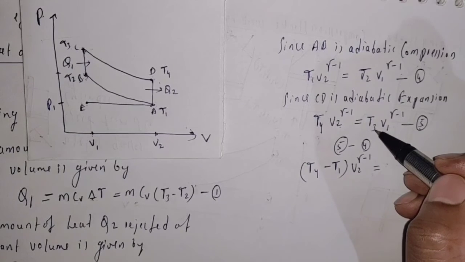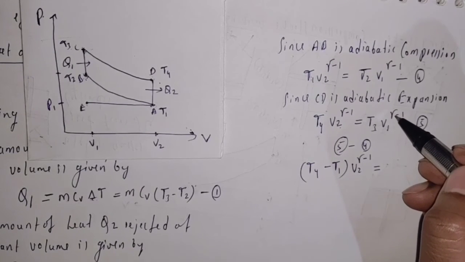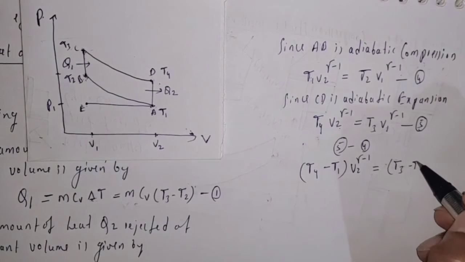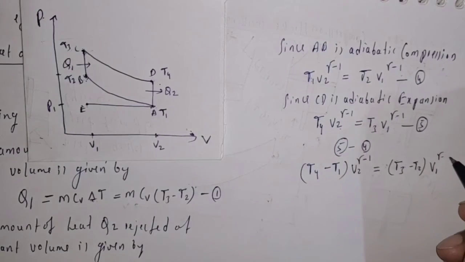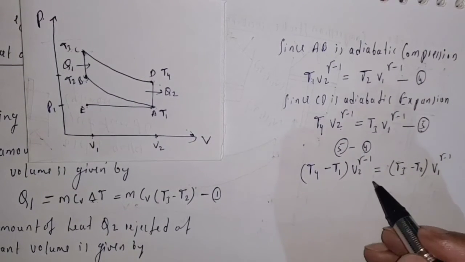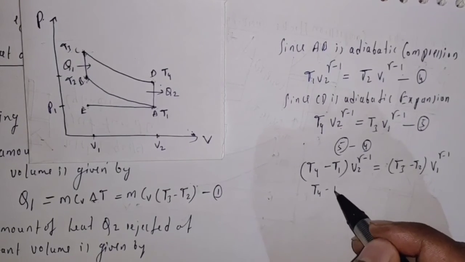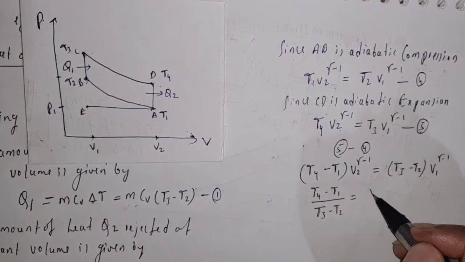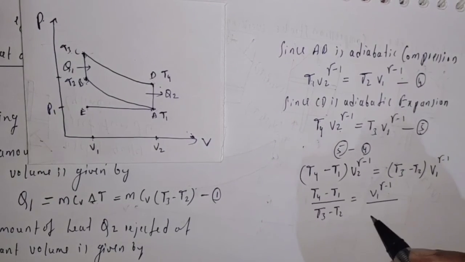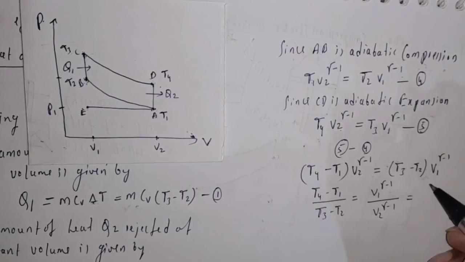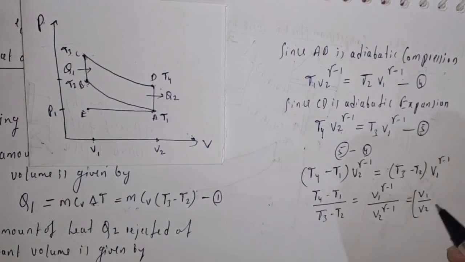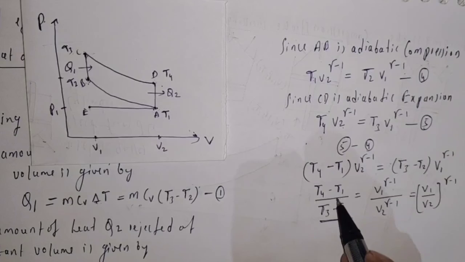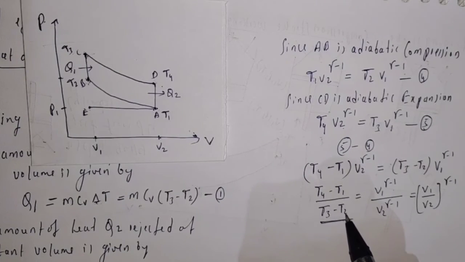Similarly, on the other side we get T3 minus T2 with V1 power gamma minus 1 common, so we get (T3 minus T2) V1 power gamma minus 1. We can write it as (T4 minus T1) divided by (T3 minus T2) is equal to V1 power gamma minus 1 divided by V2 power gamma minus 1, or (V1 divided by V2) power gamma minus 1. This is the value of (T4 minus T1) divided by (T3 minus T2).